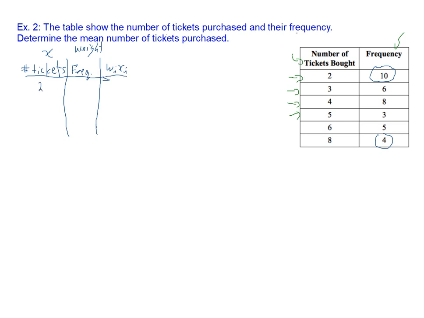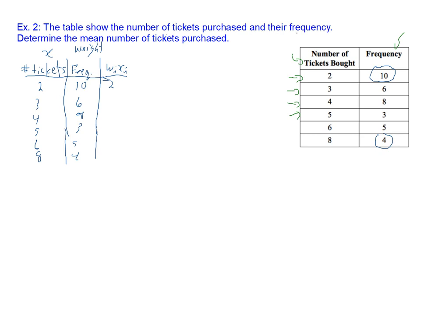We've got 2 tickets, 3, 4, 5, 6, and 8. The frequencies here are 10, 6, 8, 3, 5, and 4. So then we're going to multiply all of these values together.